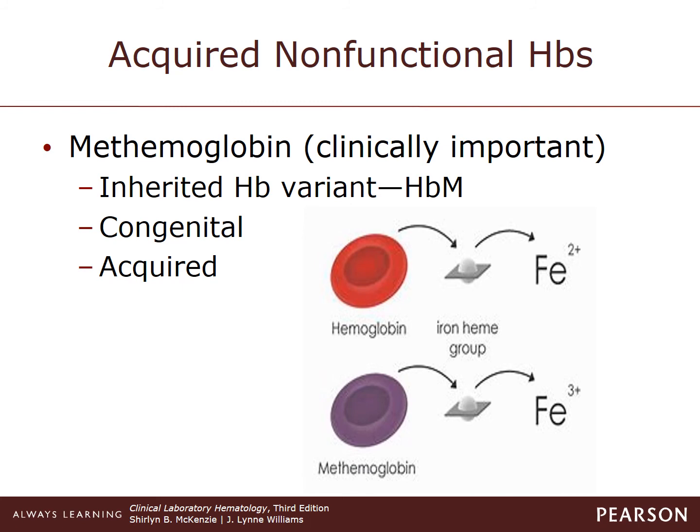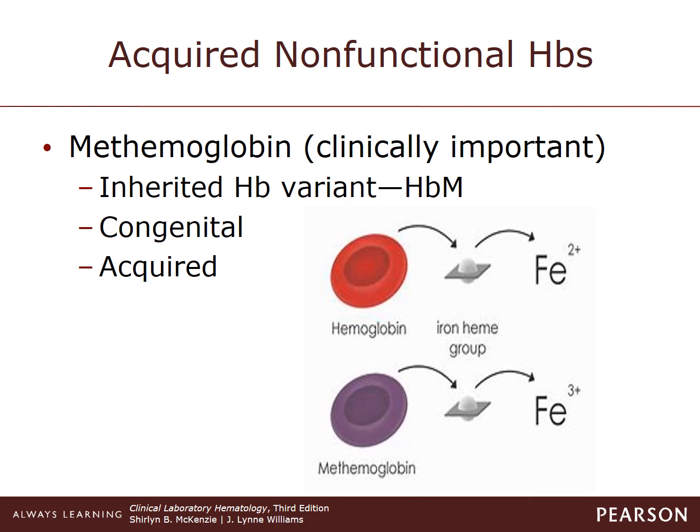Normally methemoglobin is formed at about 1% per day, but when you have certain conditions, this is greater.